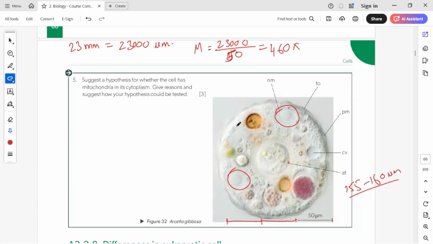So we can use electron microscopy, because the size is really small, we need a lot of magnification, right? So to see the mitochondria we will need electron microscopy. Through electron microscopy we can see the mitochondrial structures very precisely, and because it is a eukaryotic cell, definitely it will have mitochondria.